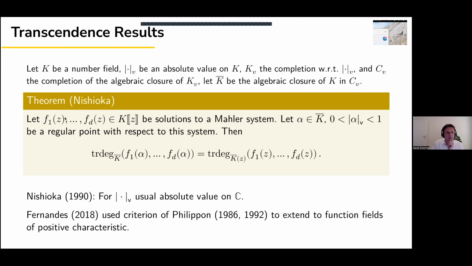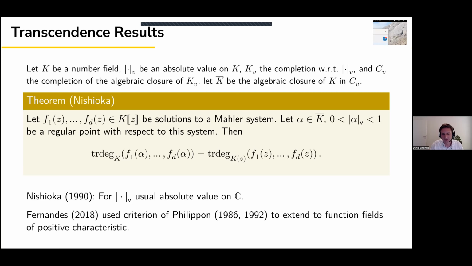And then the statement is the following. If you have F1 through Fd that are solutions to a given Mahler system, and you have a non-zero point alpha inside the unit circle that is regular with respect to the sequence, so that the k to the n powers of it avoid singularities of this defining matrix A, then the transcendence degree of the field extension of k bar generated by the Fi's evaluated at the point alpha is the same as the transcendence degree of the field generated by these functions as an extension of the rational function field.